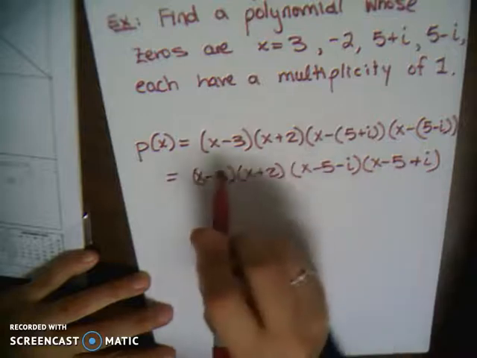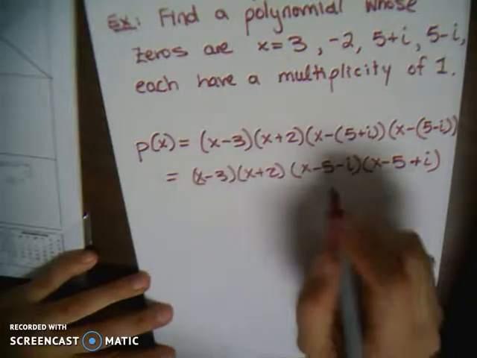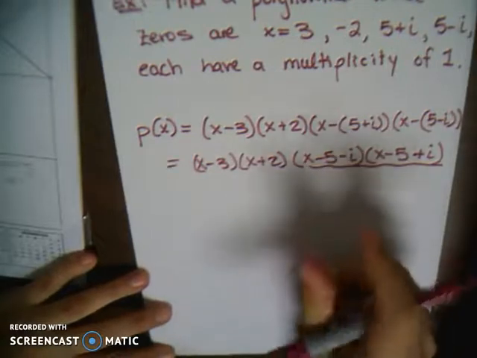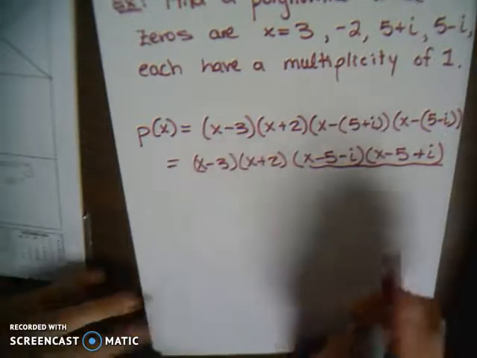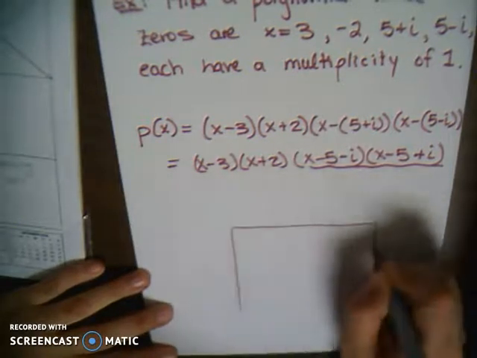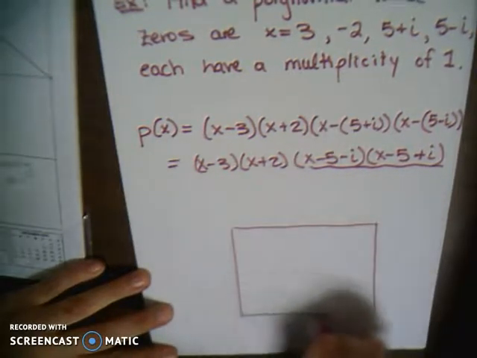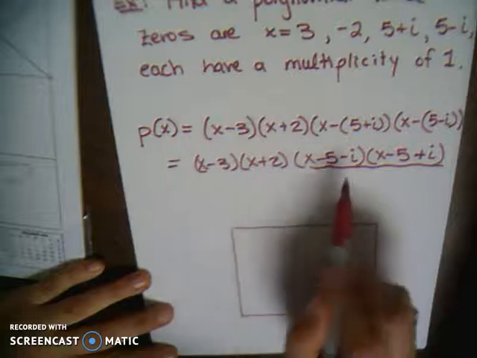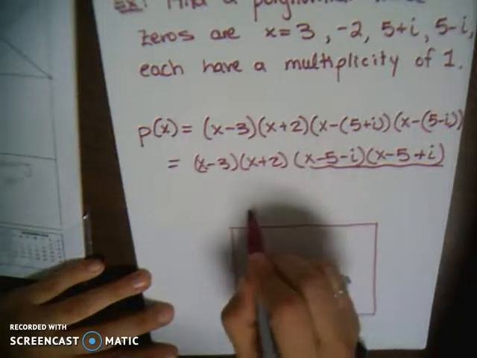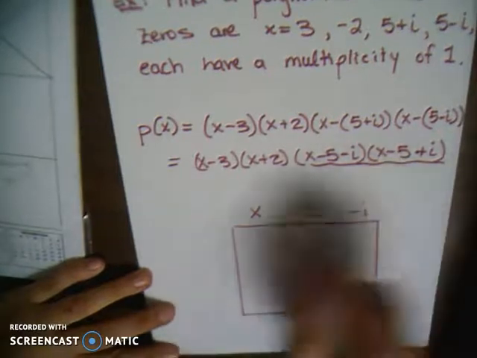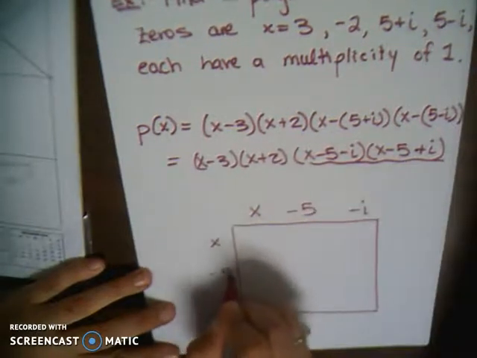And we're not done until this gets all FOILed out. So I'm going to start with these two because these tend to be the trickiest. Anytime you have to multiply out very large polynomials, the rectangle method could be very helpful. And the rectangle method helps you keep all of your different multiplications nice and organized and make sure that you've done all of them. So I'm going to write one of these spaced out on the top, and I'm going to write the other one spaced out on the side.